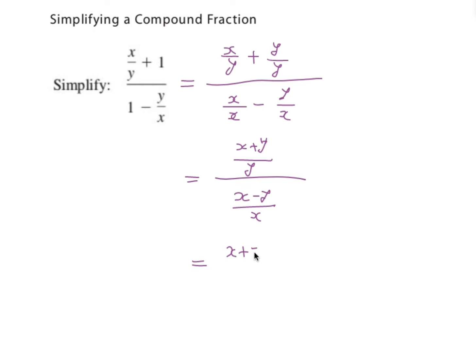So x plus y upon y, this one, and the divide sign converts into multiply. And the second fraction, just take the reciprocal. So x goes upside, x becomes the numerator and x minus y the denominator.